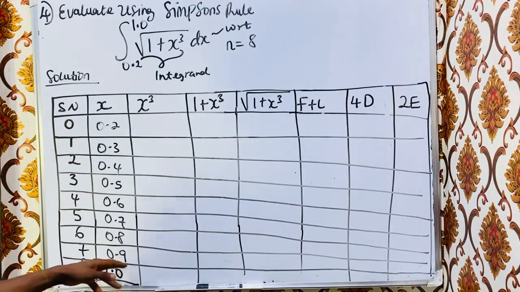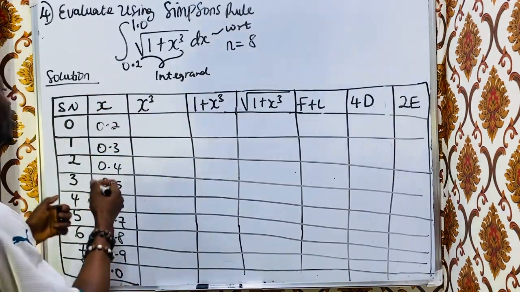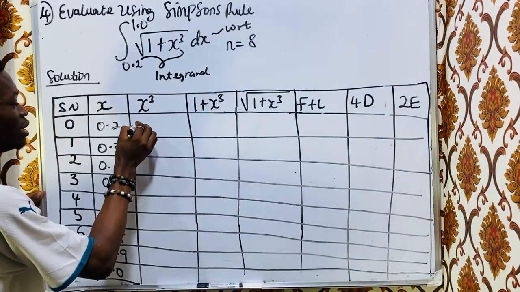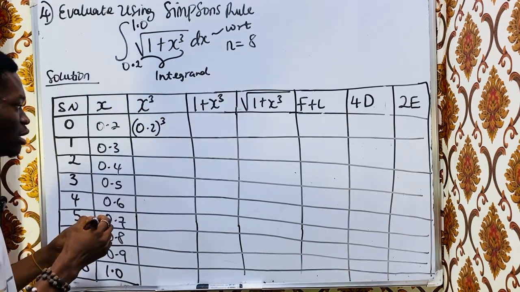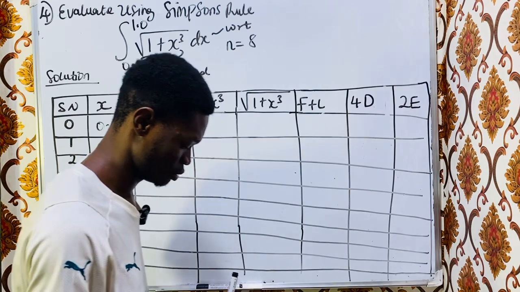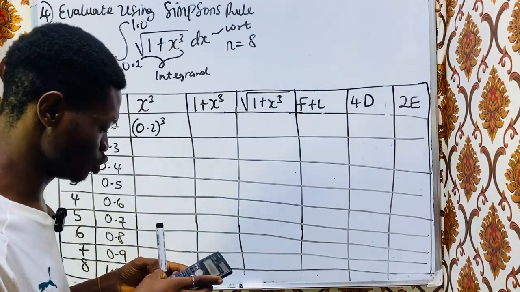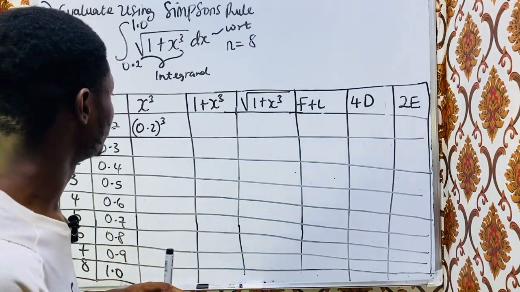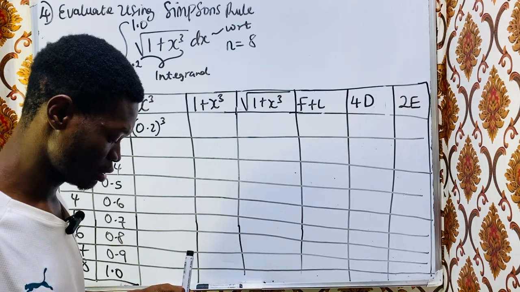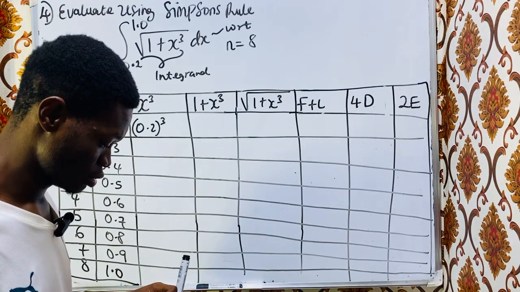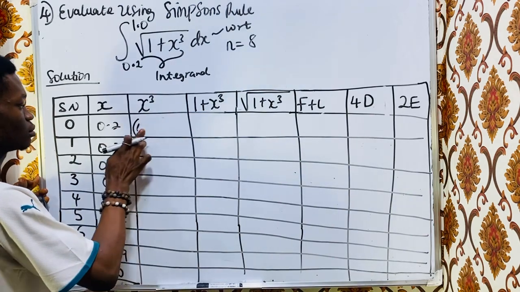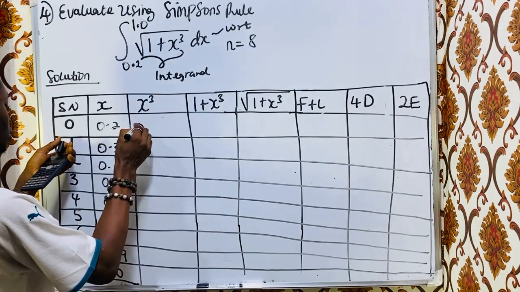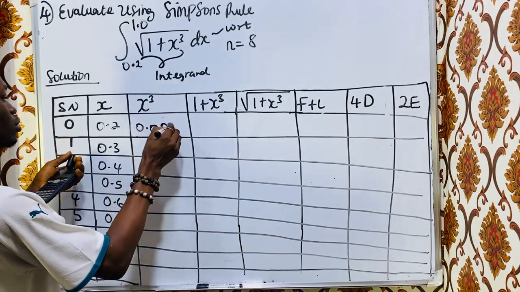So our x cubed will be, put this value here, that's 0.2 cubed. Let's do it first. 0.2 to the power of 3. My answer is 0.008.